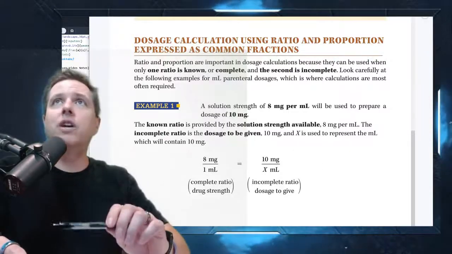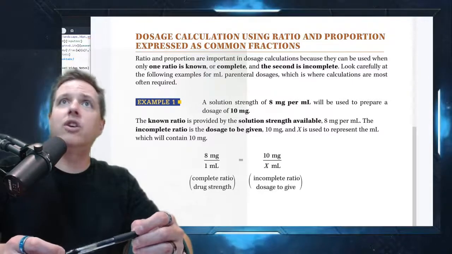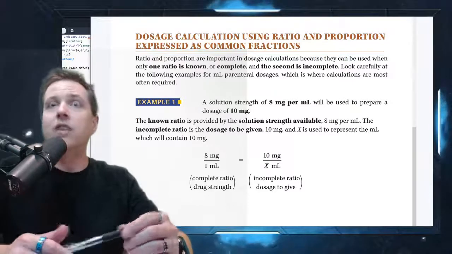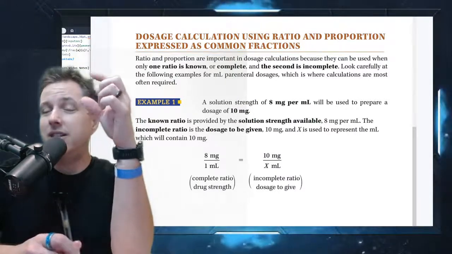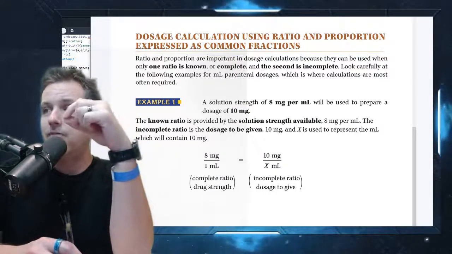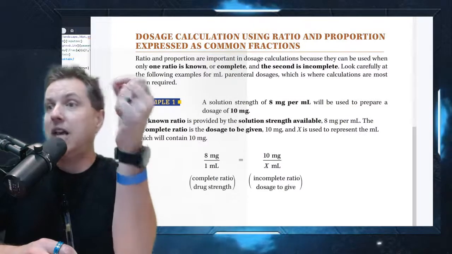A solution strength of 8 milligrams per milliliter will be used to prepare a dosage of 10 milligrams. So that is, you've got some medicine, and it says this medicine is 8 milligrams per milliliter, but your patient doesn't require 8 milligrams. He or she requires 10 milligrams.